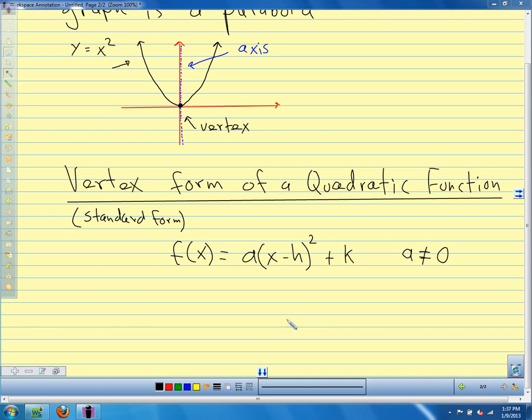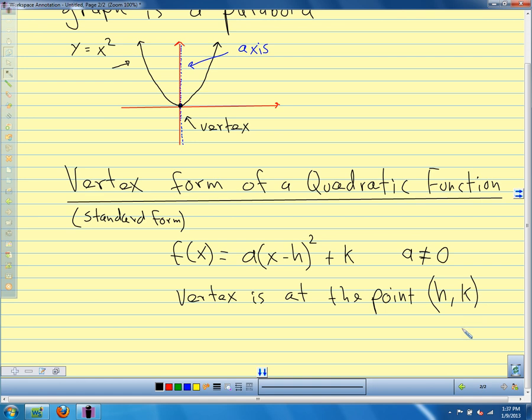And the reason that we call this the vertex form is that the graph's vertex is at the point (h, k).